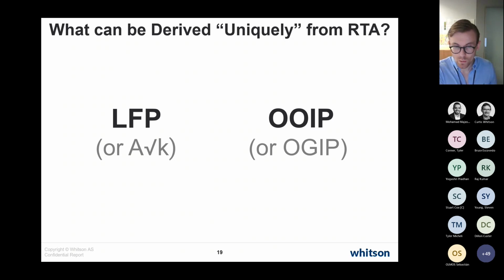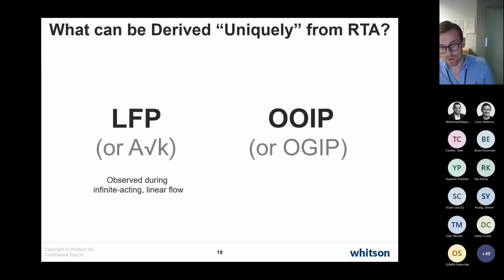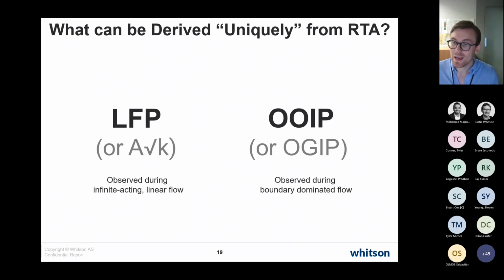But it's also really, really important to remind ourselves, when can we actually observe or derive these parameters? The A√K parameter, we can only observe during infinite acting linear flow, and for the contacted pore volume, we actually need to be in boundary dominated flow. So if we're still in transitional flow or in infinite acting flow, we can't actually say something about the latter part.